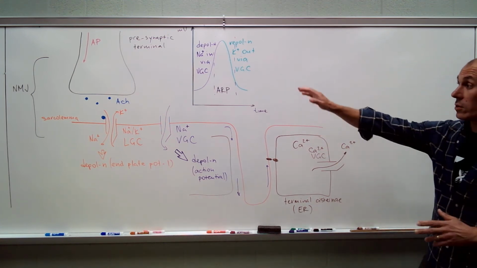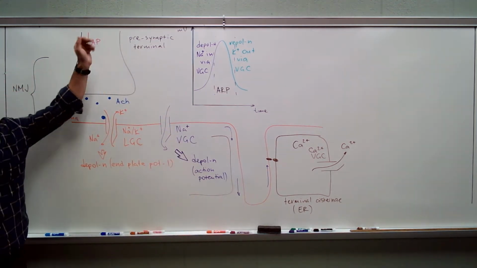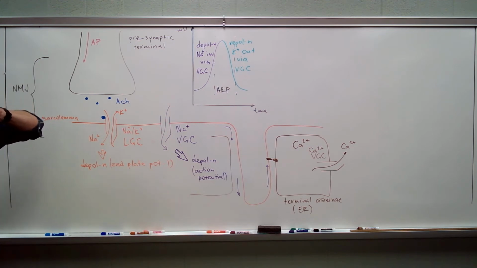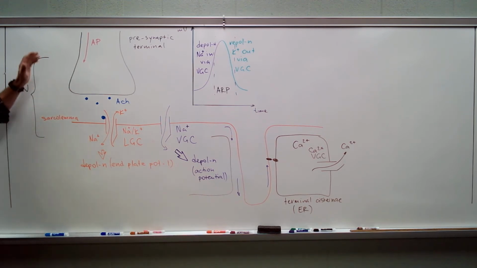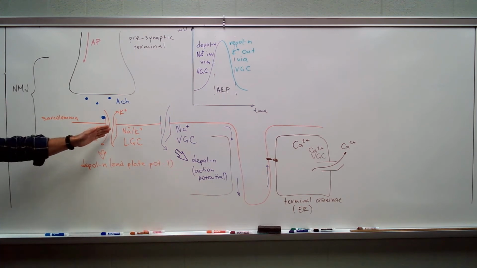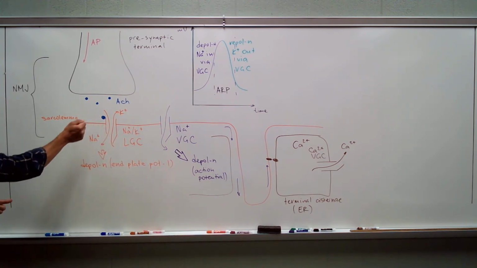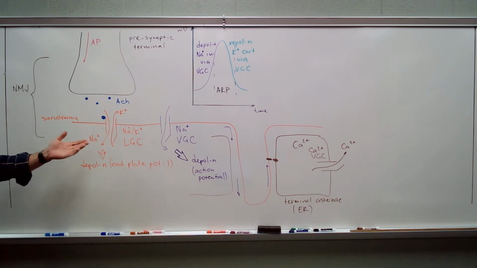So let's do this from the very beginning. An action potential arrives at the presynaptic terminal of the lower motor neuron, which results in the release of the neurotransmitter acetylcholine into the synaptic cleft of the neuromuscular junction. Acetylcholine binds to a sodium-potassium ligand-gated channel and opens it, and sodium diffuses into the muscle cell while potassium diffuses out.